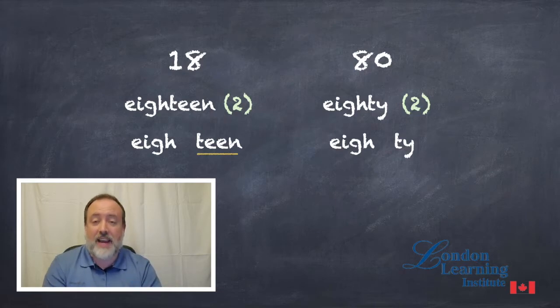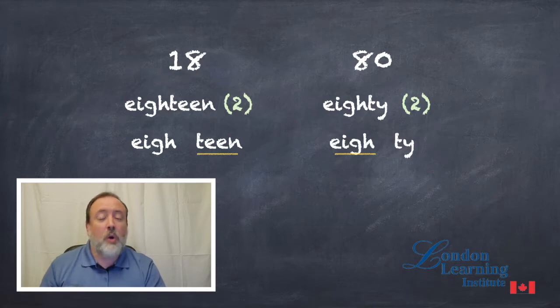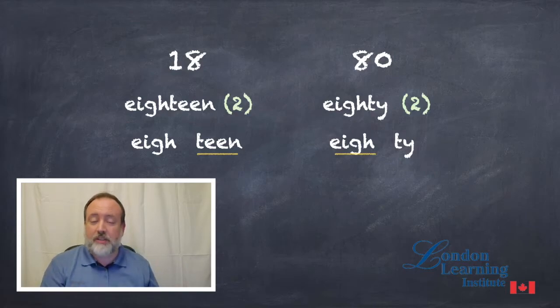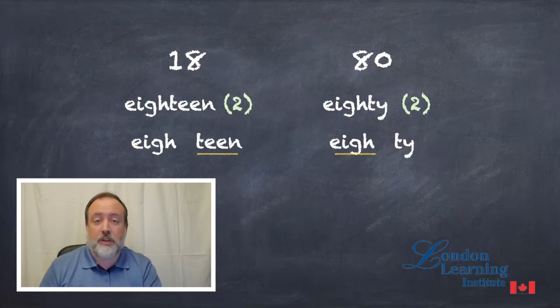And when we have 80, the stress is on the first syllable. So when you are listening to other people speak, you can listen for that stress. 18, 80. This will help you to understand people when they are speaking English. So I think syllables can help you with your pronunciation, but understanding syllables and syllable stress can also help you with your listening. Okay, let's do some more practice.